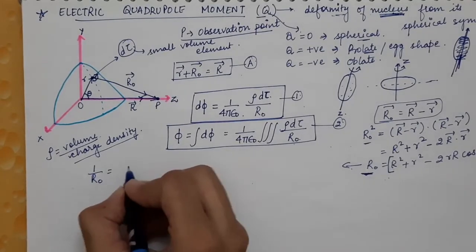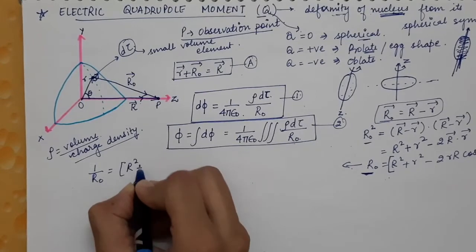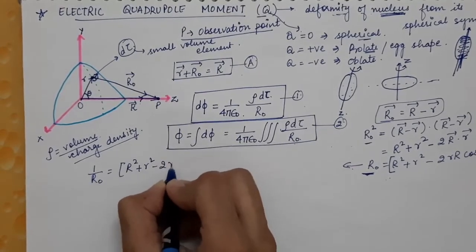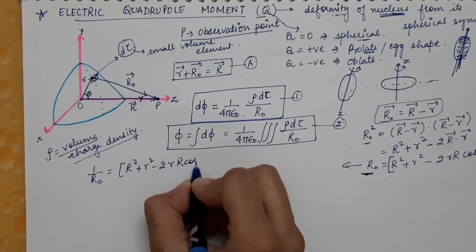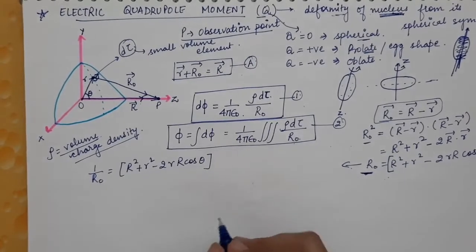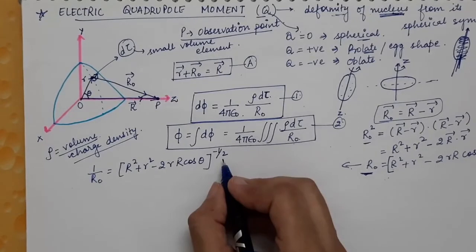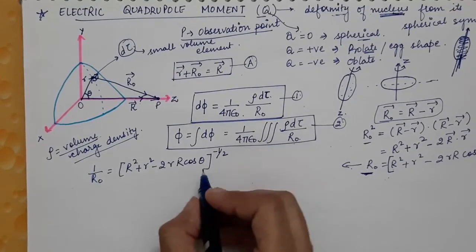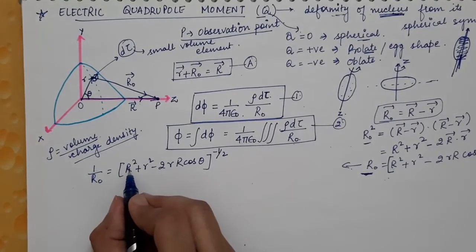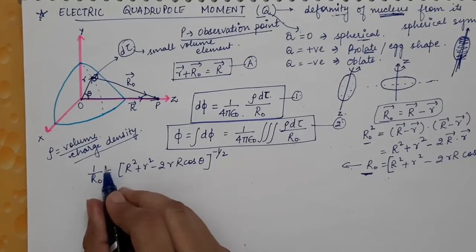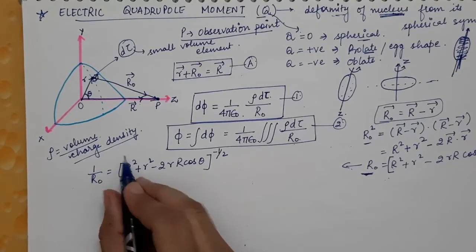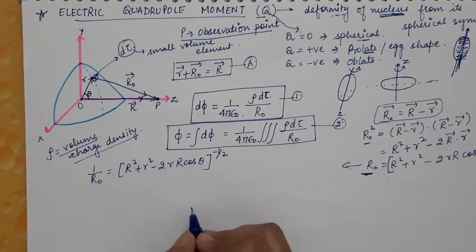by 2. So this will be equal to r square plus small r square minus 2 r capital R cos theta. Since we are doing the reciprocal, the power will change from 1 by 2 to minus 1 by 2. Now we will take r square common from this bracket. We will take r square outside the bracket from all the terms.